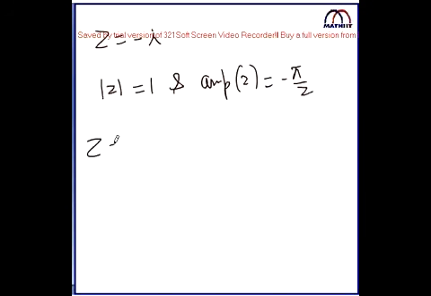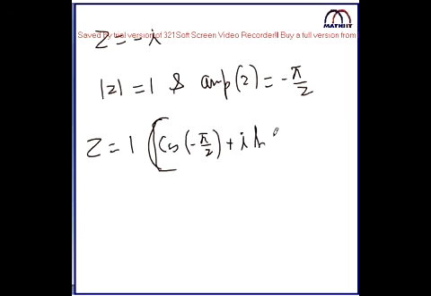Now z will be written as mod z, which is 1, in the bracket cos minus pi by 2 plus i sin minus pi by 2. Please don't try to expand it. Is it clear? Able to understand? So how to write polar form, I hope all of you understand very clearly. No doubt.